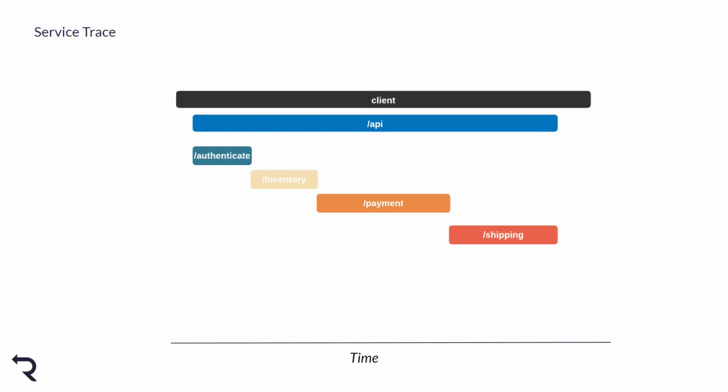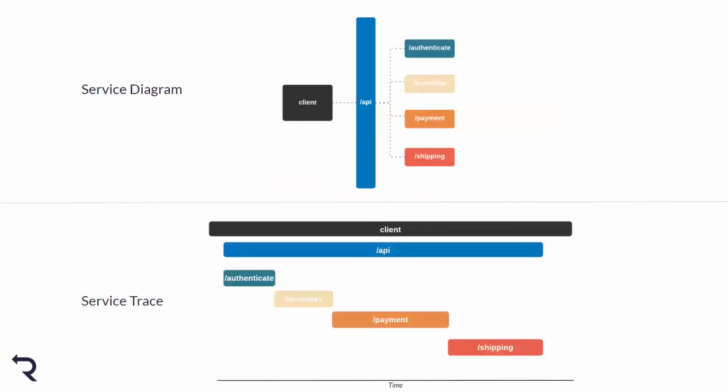You can see that the first part is the API service, then authenticate, inventory, payment, and shipping services. This reflects the order in which services need to be called. First, authenticate, then inventory, payment, and shipping. Remember that the checkout process got stopped at inventory for Ivan, so we didn't see the payment and shipping services. When we put these two together, you can see the relationship between tracing and the diagram. The service trace looks like the diagram spread across time.